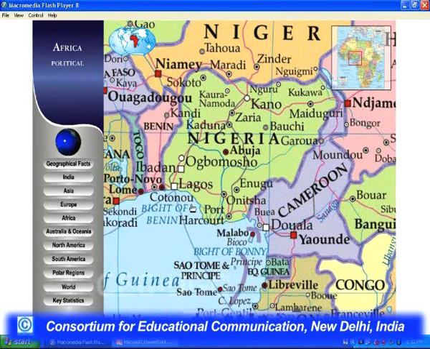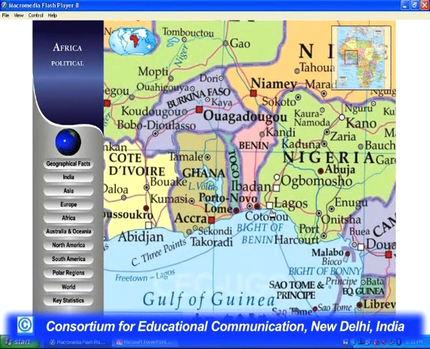Port Harcourt, large scale petroleum exported all the way to India. Then you find ports like Lagos, Accra, and port like Abidjan.